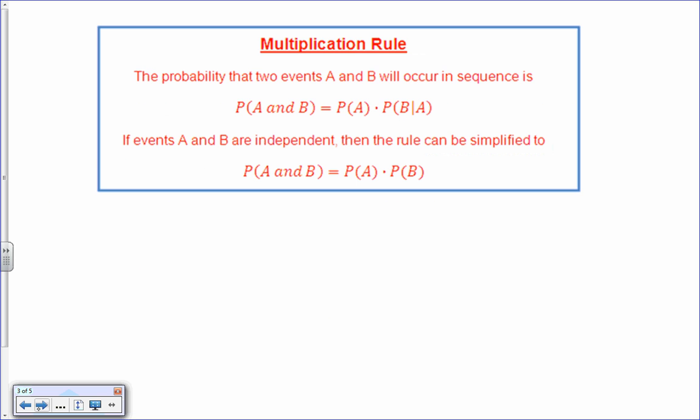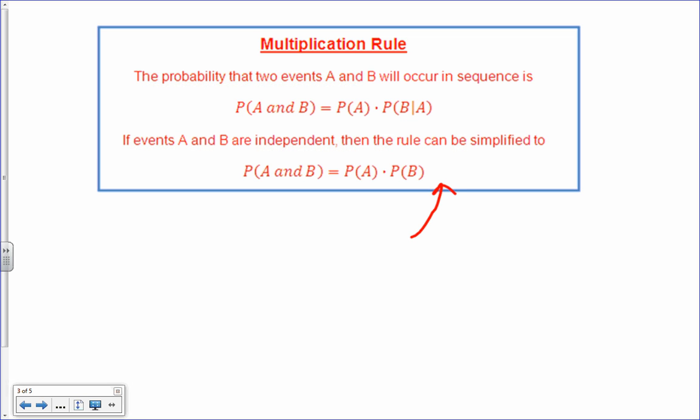Okay. This is going to be big, and this is actually something we're going to manipulate a lot when we come back to this later in the year. The probability of two events A and B occurring in sequence, meaning in that order, is the probability of A and B, which is equal to the probability of A times the probability of B given A. If the events are independent, I can basically just take off that whole given A part at the end.